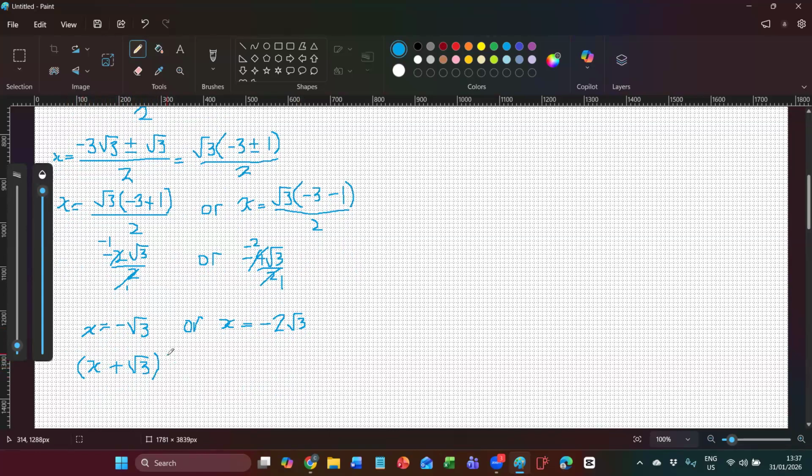And then the second bracket will be x plus 2 root 3. Okay, so did you get that?